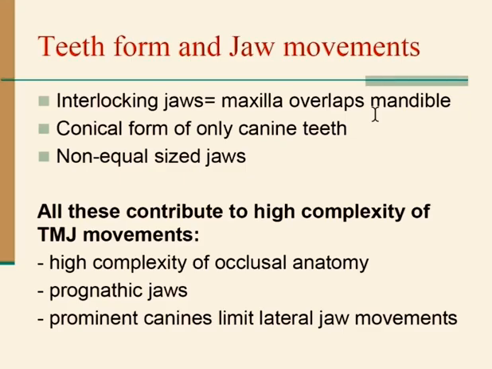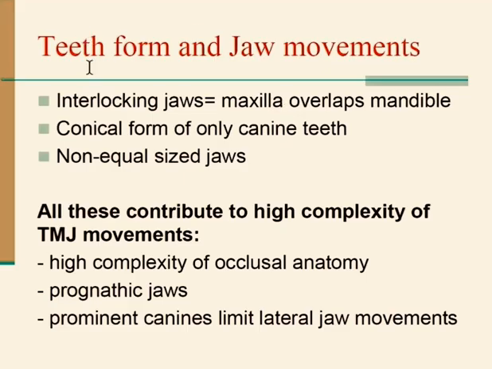What is different is that this gives more complexity to the TMJ movement. You will later know that the teeth and the temporomandibular junction movement are related and associated to each other. So as we have complexity of the anatomy in the teeth, we will have more complex jaw movements.